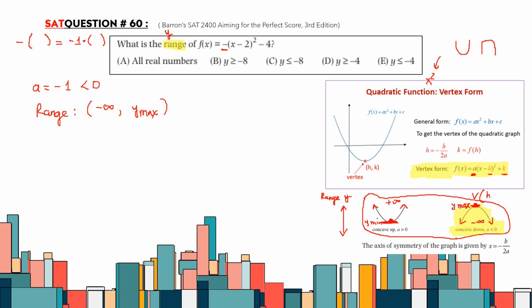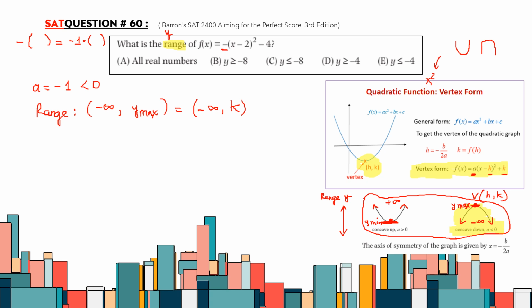The vertex is (h, k), where h represents the x value and k is the y value. So now in this case, we have to find the k value.